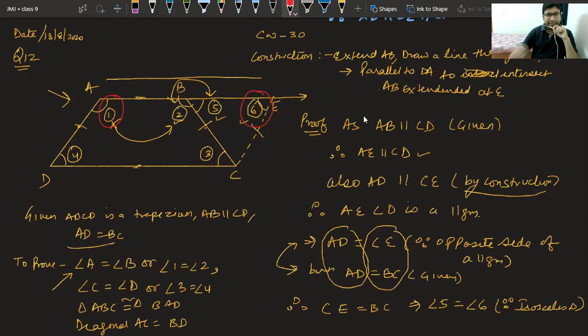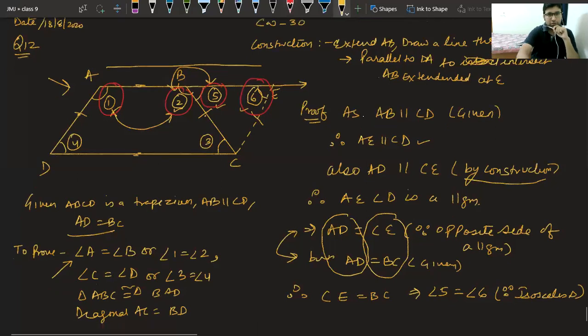Second thing, Parky, I got is angle 2 and angle 5 are forming linear pairs. So I have got two relations between angle 1 and 6 and angle 2 and 5. That relation will help us to prove the first part. Let us see now.